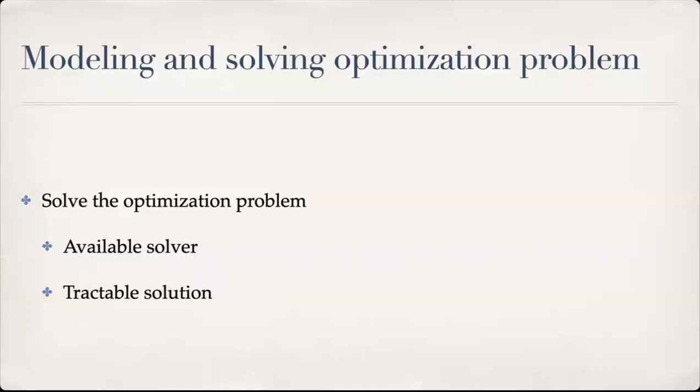But the problem you formulate, and the solver you have, can solve the problem in 1 day. We call this not a tractable solution at all, right? Because you take 1 day to obtain the solution, but you need the solution in 1 hour, okay? So you have to consider that.